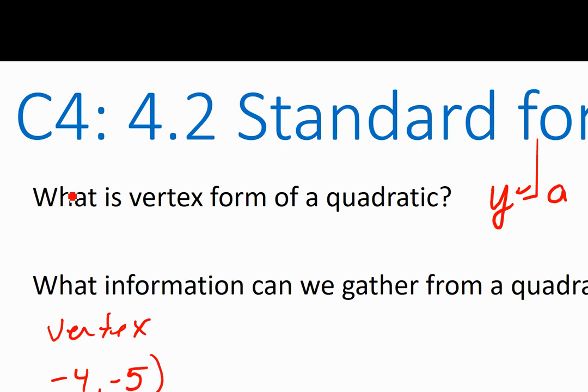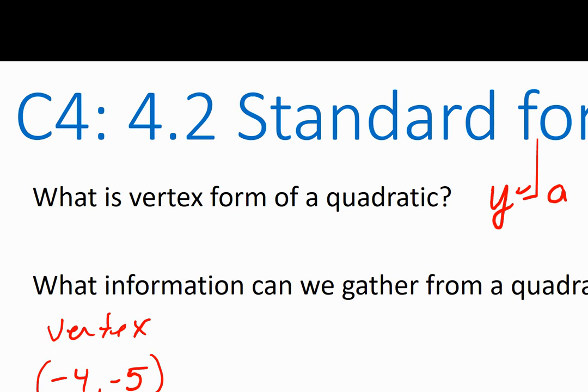Good. -4, -5, because remember vertex form is x minus h. If this is x plus 4, it had to have been a -4. All right, so that's important. That's an easy one to mix up, is you write that as 4, -5. It's not 4, -5, it's -4, -5.